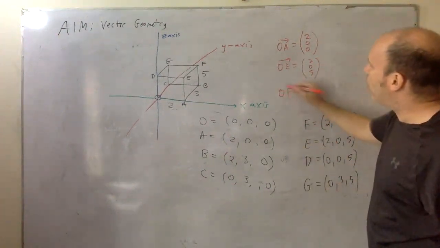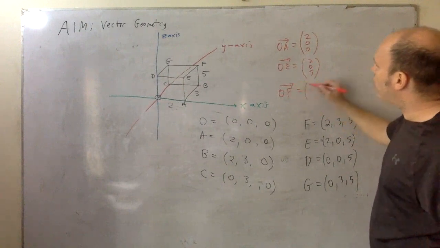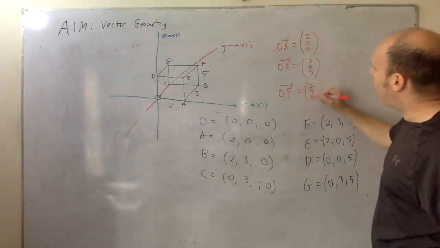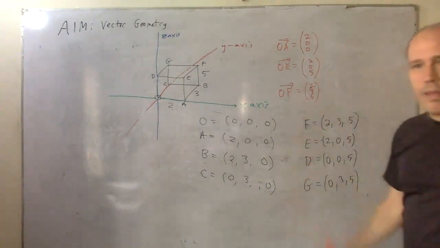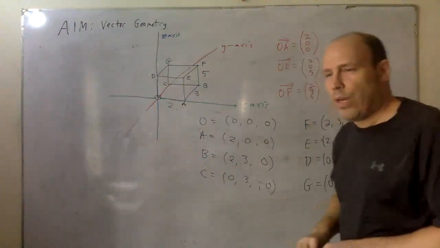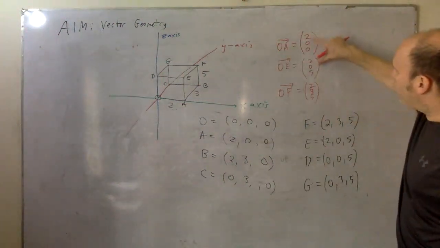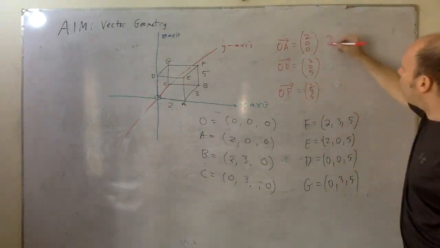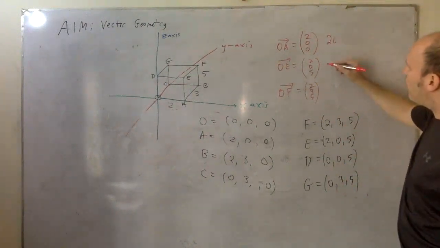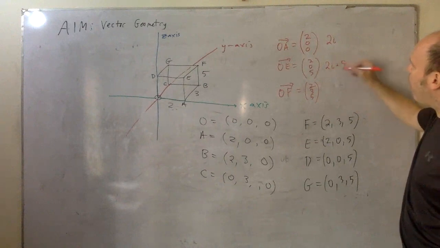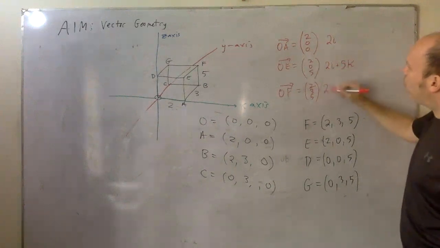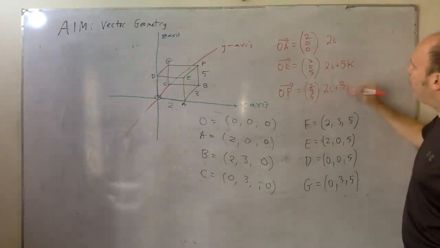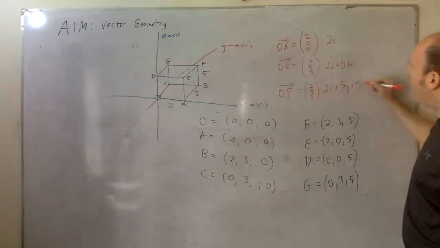What's OF? Well, that's 2, 3, 5. Is there another way to write this? Well, we know that we have I and we have J. We're going to use K for the 3rd dimension. So this would be 2I. This would be 2I plus 5K. And this would be 2I plus 3J plus 5K.